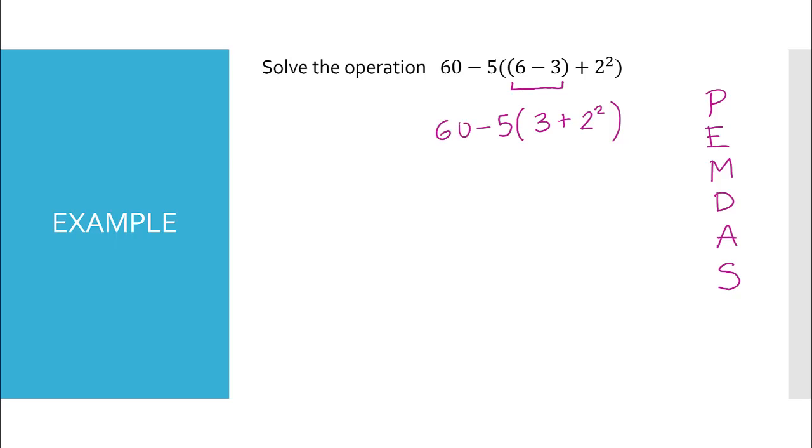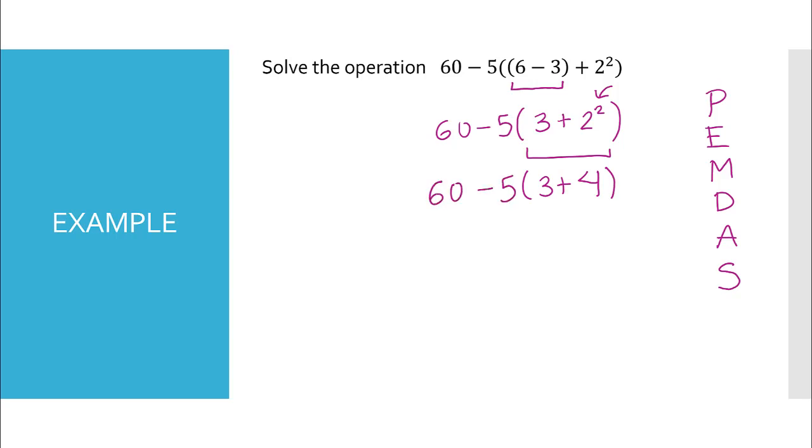Okay, so now we have 3 plus 2 squared. I first need to solve this parenthesis, but here I have a radical. I'm sorry, an exponent. So I would have to answer that one first. The square of 2 is 4. Now I have 3 plus 4 inside the parenthesis. And that parenthesis is being multiplied times 5.